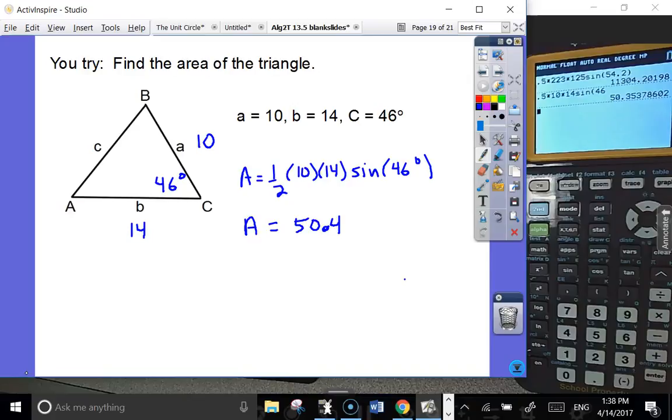That should have been 50.4. Right? When you labeled it all, you had side, angle, side. That's what you need. Two sides and the included angle. Plug it in, plug and chug, as they say. That's it.